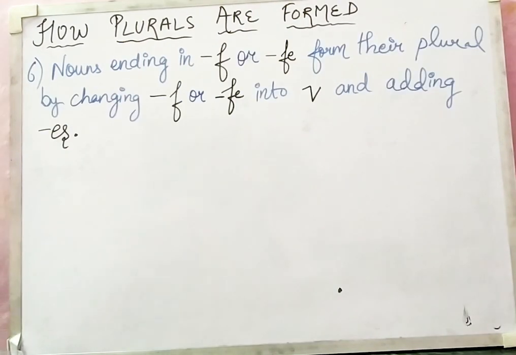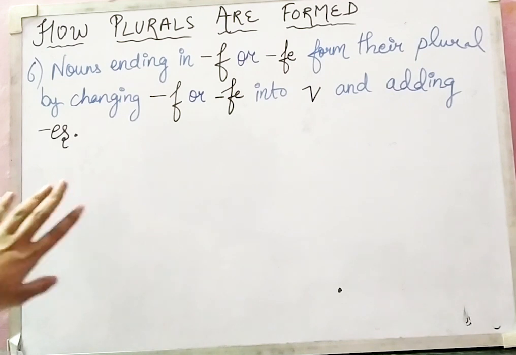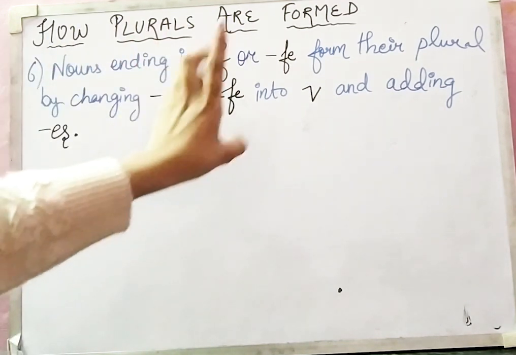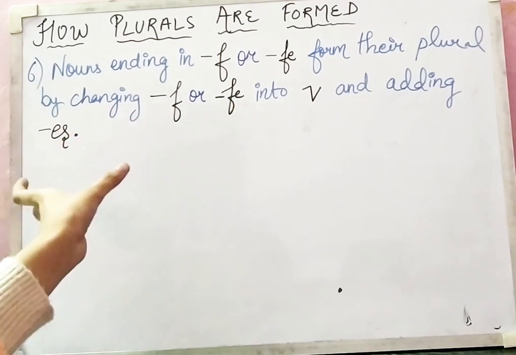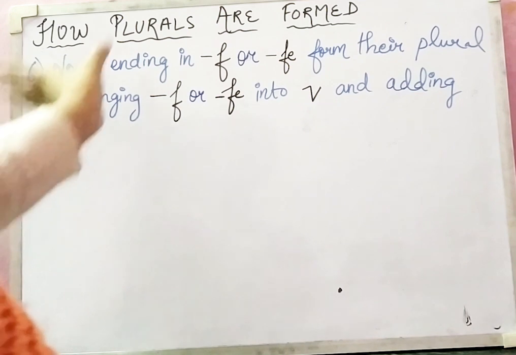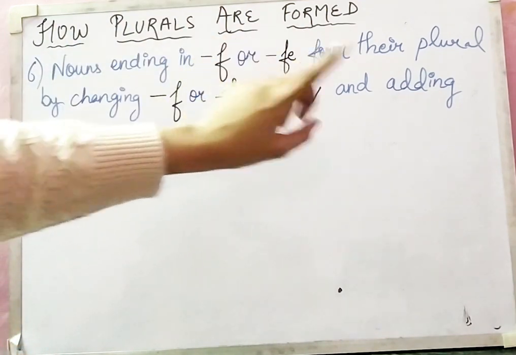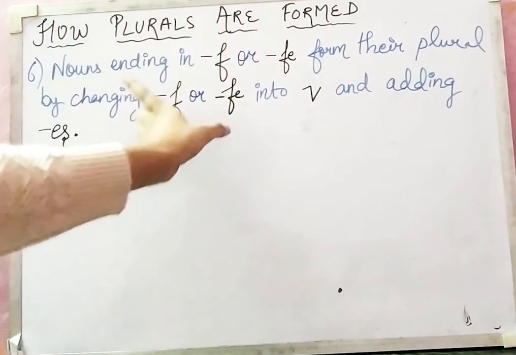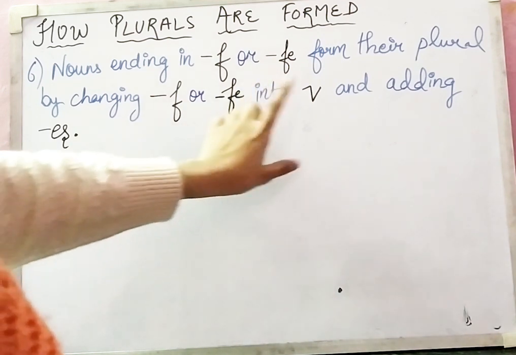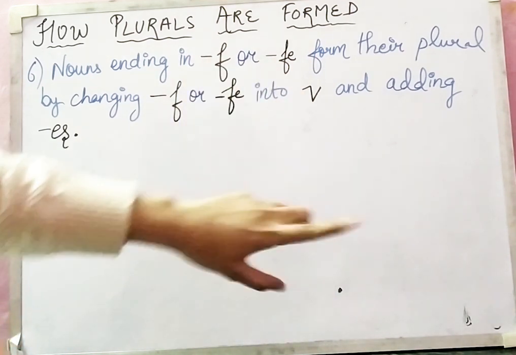So I think this point is clear to you, and now we will be doing the sixth point. In this sixth point, we are going to do the nouns ending in f or fe, means there will be a noun which ends with f or fe. But when we have to make their plural, we just have to replace f or fe from that noun and add v and further add es.